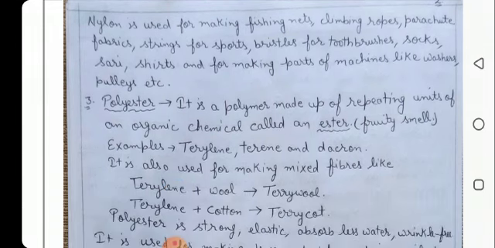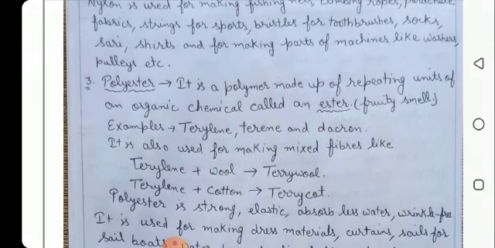The third synthetic fiber is polyester. It is a polymer made up of repeating units of an organic chemical called an ester. Esters have a fruity smell, so they are called sweet smelling compounds. Examples of polyester are terylene, terene, and dacron.